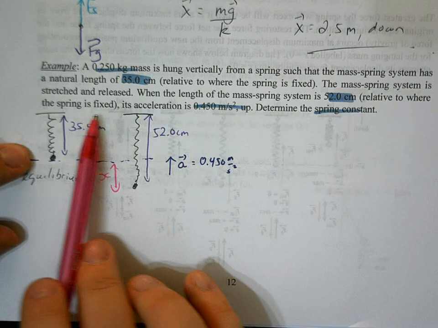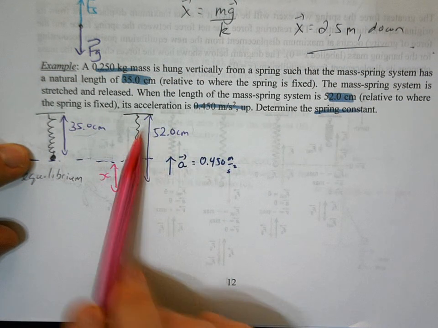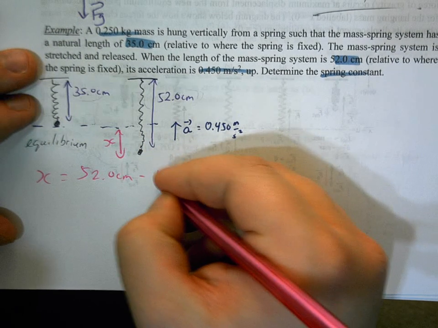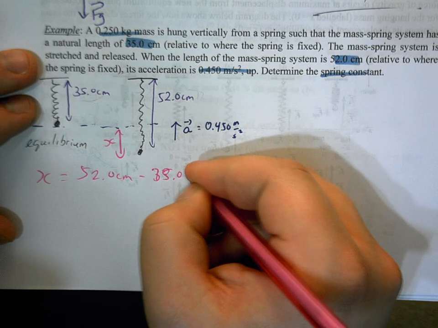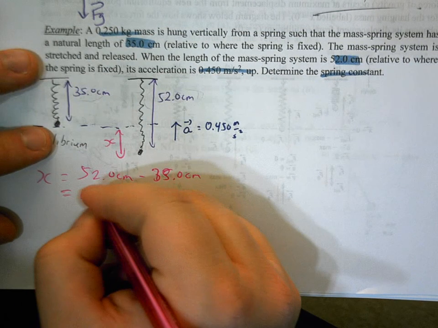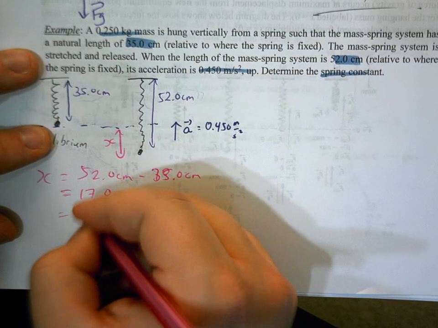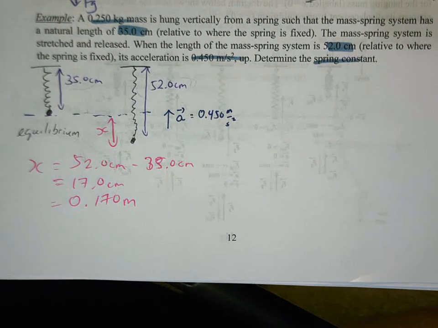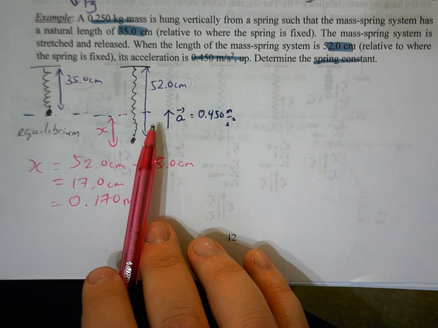It has a natural length of 35 centimeters and is stretched to 52 centimeters, so we take the difference, 52 minus 35. This gives us 17 centimeters, or 0.170 meters. We have stretched this spring from equilibrium by 17 centimeters. That's really important.